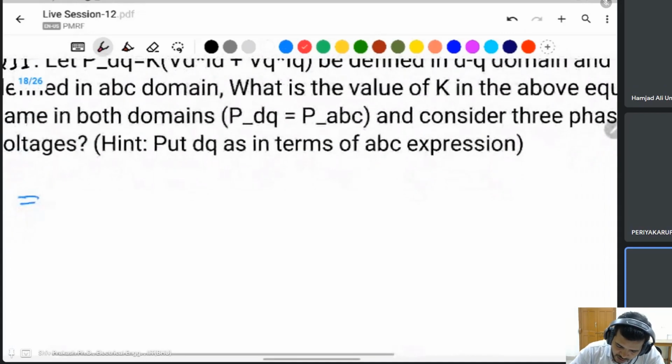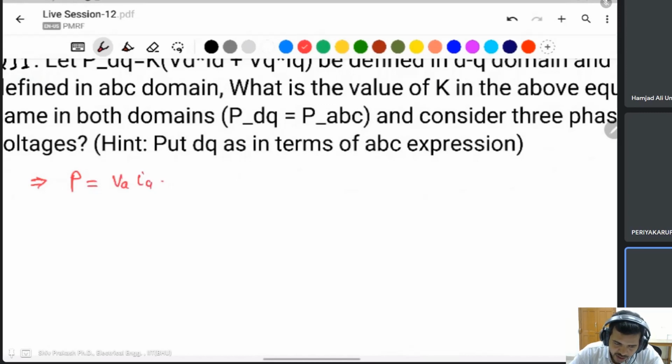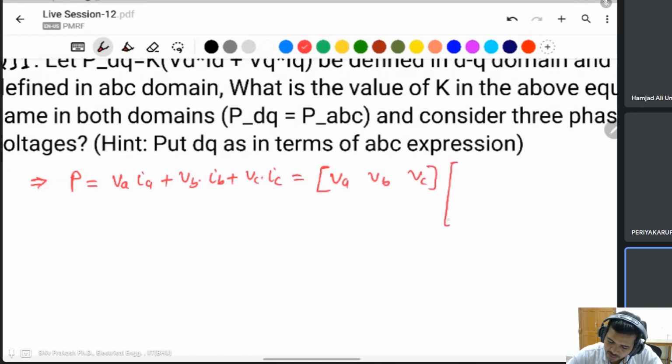Power is given as V. Three-phase power P is equal to Va into Ia plus Vb into Ib plus Vc into Ic. You can write this in vector form as Va, Vb, Vc into Ia, Ib, Ic.